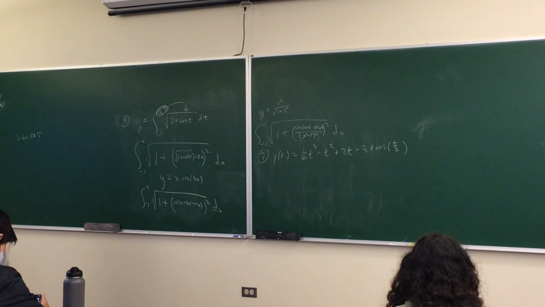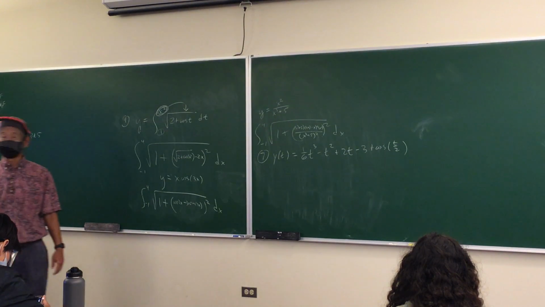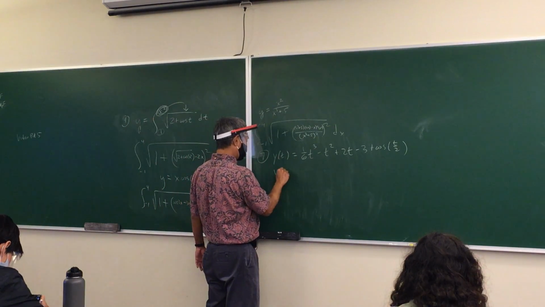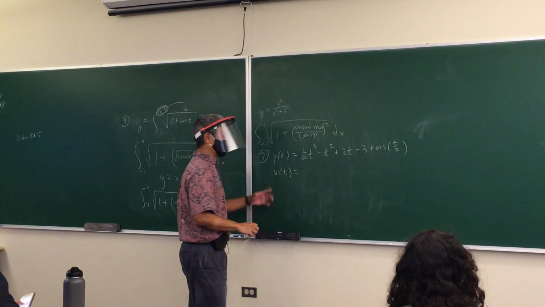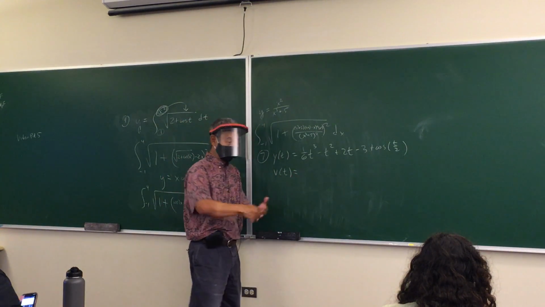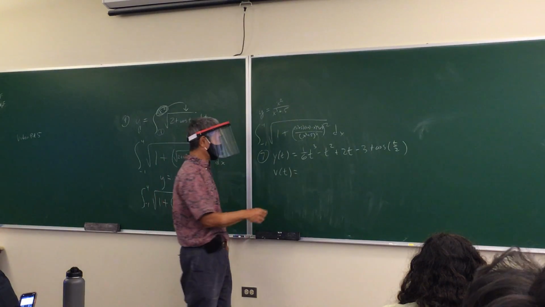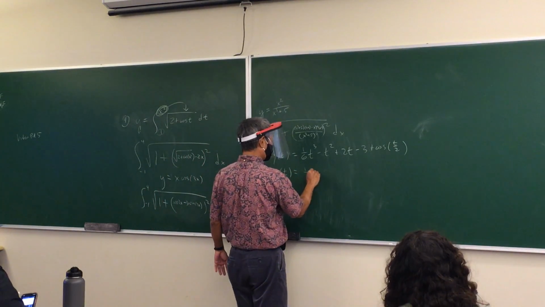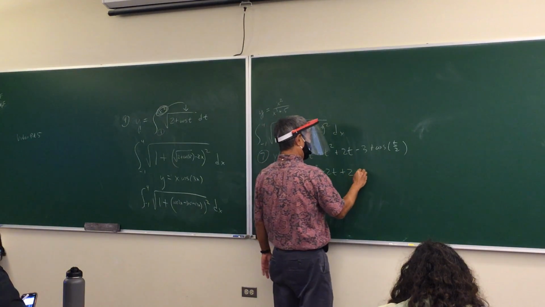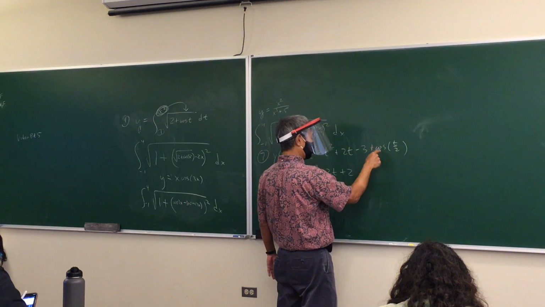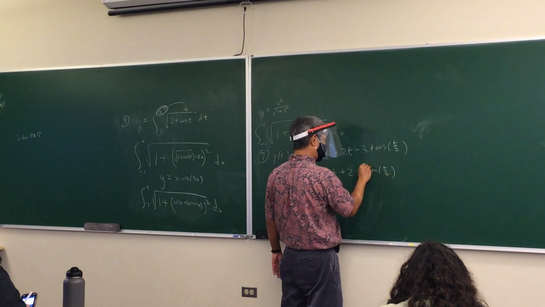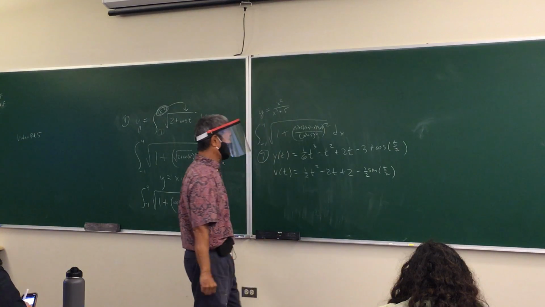What is the particle's velocity when the acceleration is 0? If you know position, how do you get velocity? You gotta take the derivative. Again, you gotta know when to take derivatives and antiderivatives. So 1/2 t squared minus 2t plus 2, and the derivative of cosine box is negative sine box times the derivative of box.